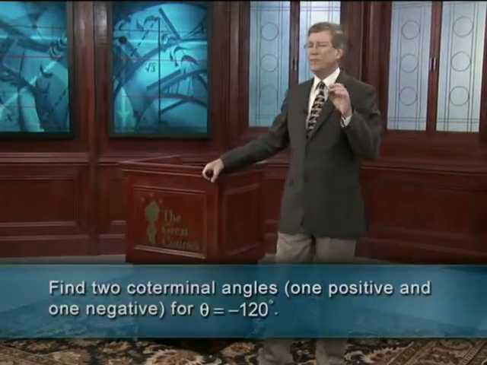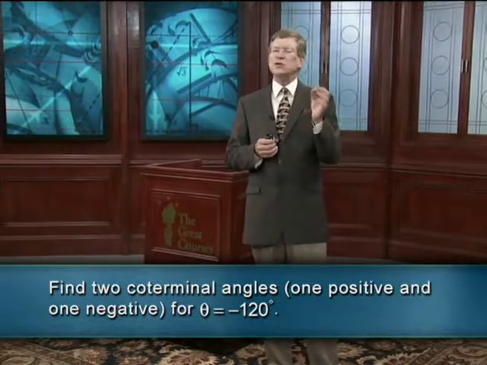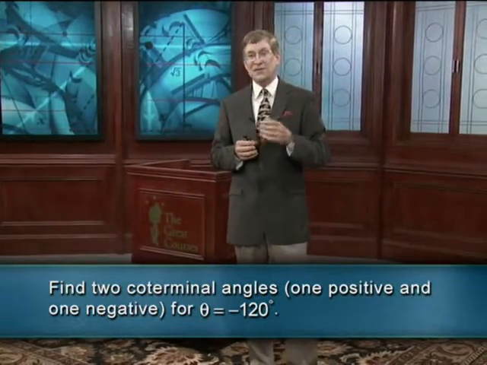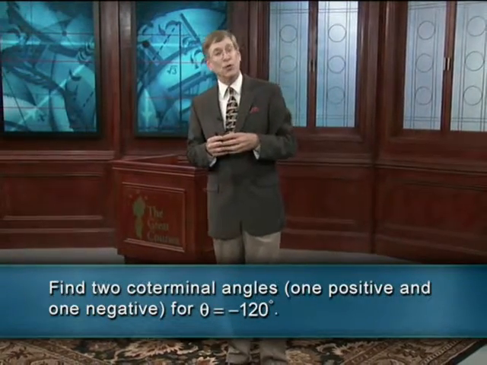All right, let's do some examples. We talked about coterminal angles. Let's try to find 2 coterminal angles with the angle theta equals minus 120 degrees. So let's find 2 coterminal angles, say one positive and one negative, for the angle theta equals minus 120.